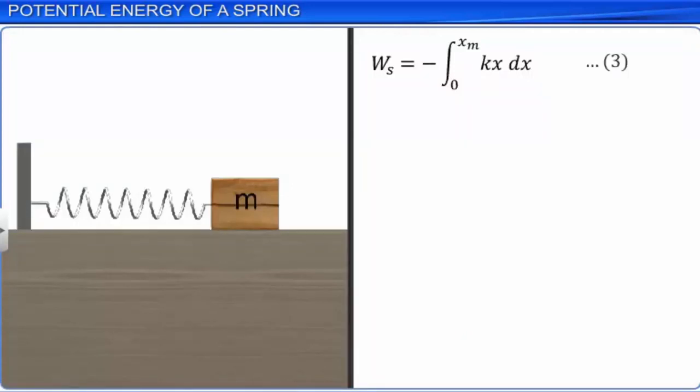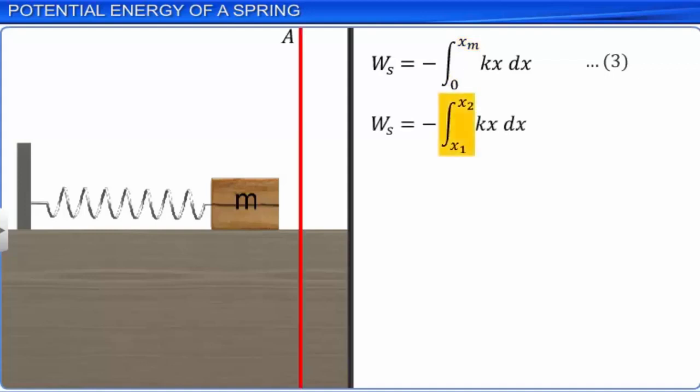In equation 3, W is equal to minus integral kx dx in the limits 0 to xm.